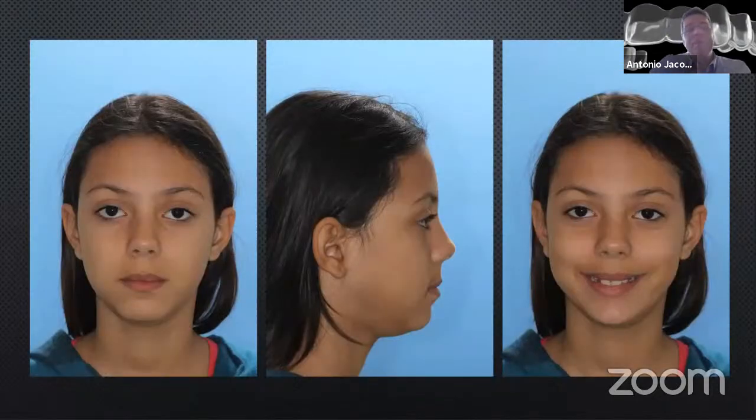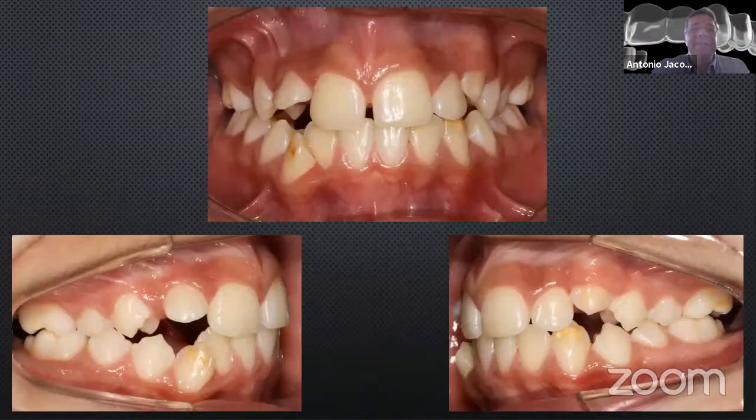Okay, now this is another patient. As I said to you, my presentation is very clinical. This patient does not have a good profile for extraction, and we see that she has a malocclusion, lack of space in both arches. But on this right side, we have no space for the canine.